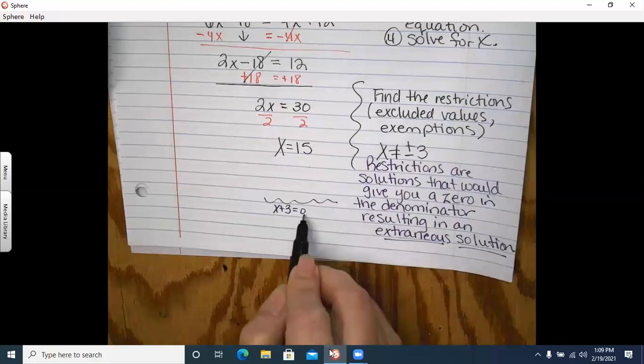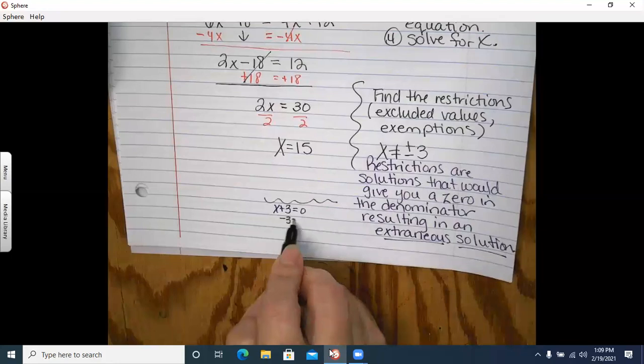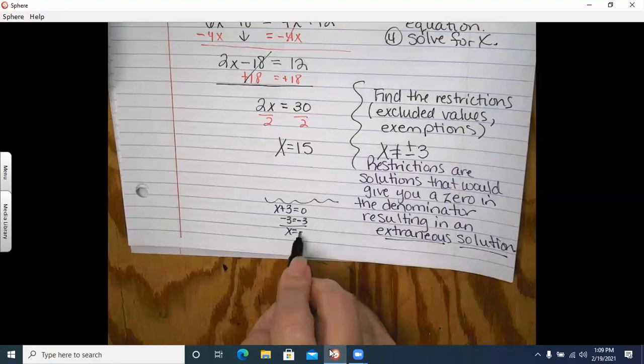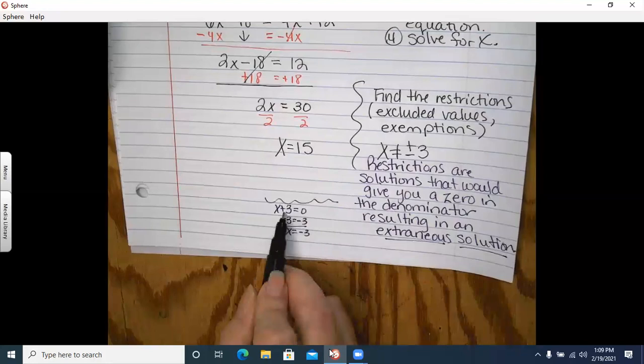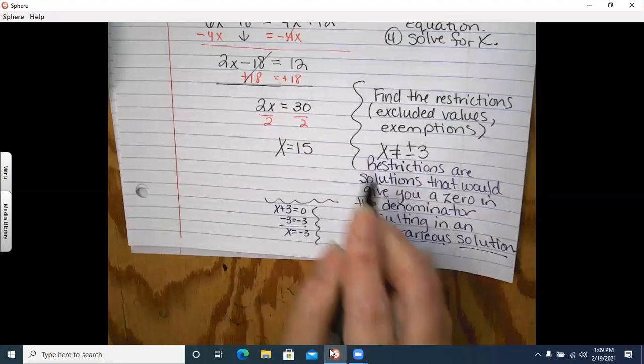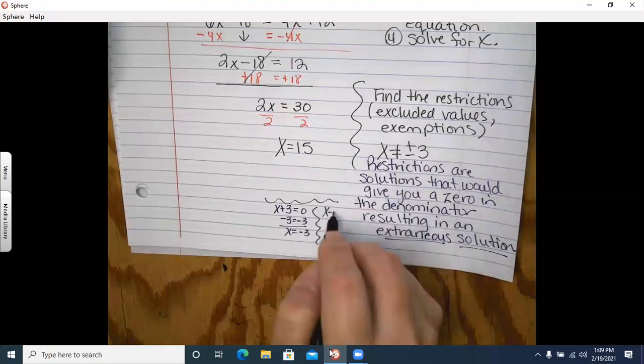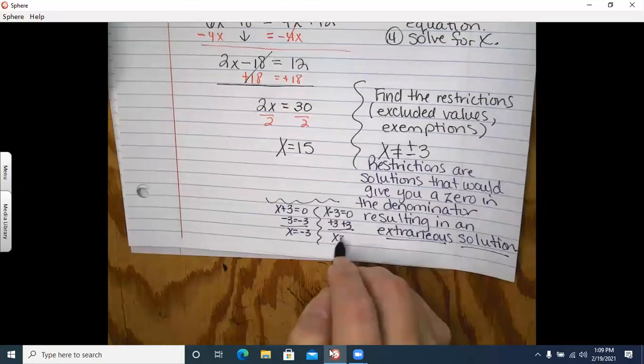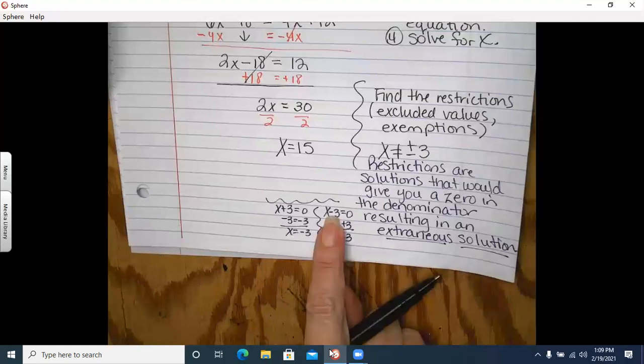If I subtract 3 from both sides, x is negative 3, and negative 3 plus 3 gives me a 0. That's how I came up with negative 3. My other factor in the denominator was x minus 3. Set it equal to 0, solve for x. x equals 3. For the factor x minus 3, if x is 3, 3 minus 3 is going to give me 0.